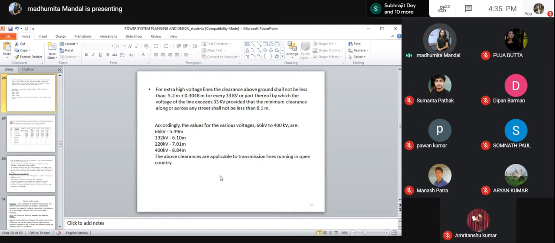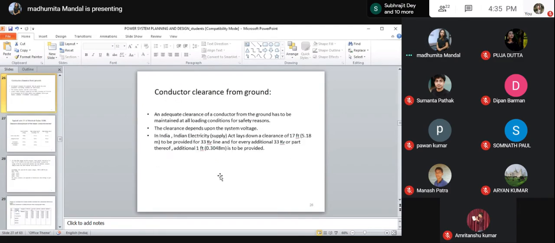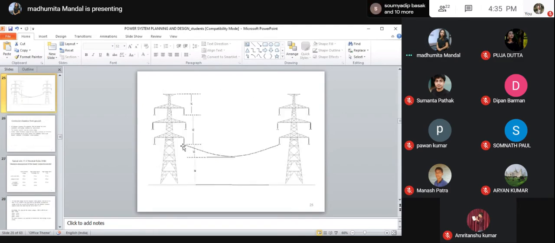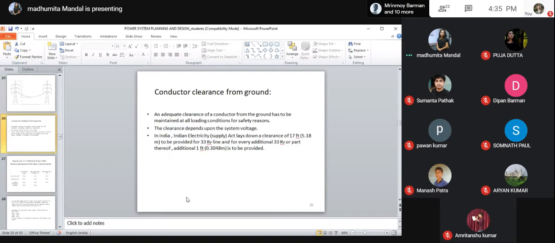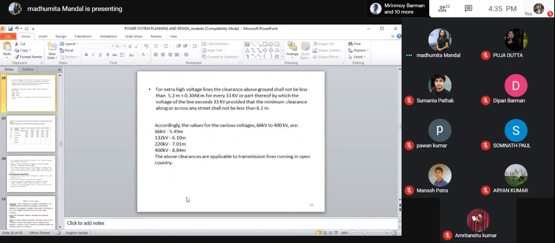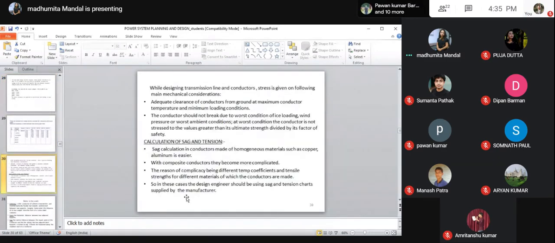This is the horizontal distance, the horizontal distance between the structure and the conductor. So these rules have to be considered while designing a supporting structure.